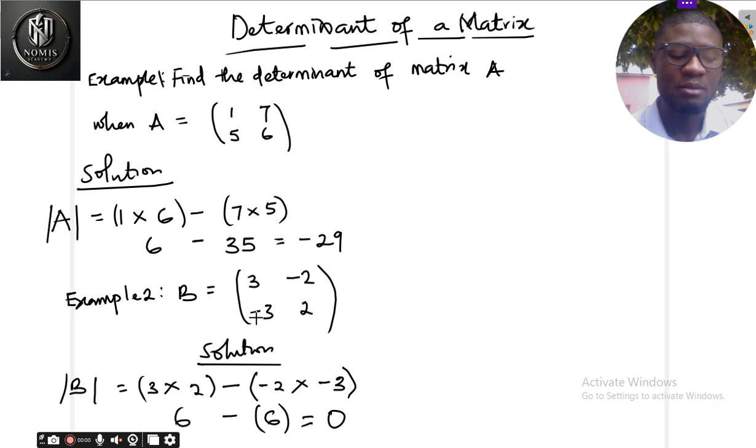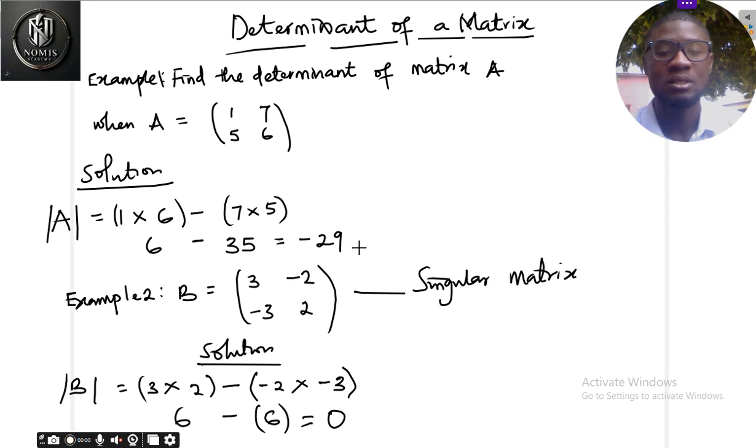Now, any matrix whose determinant is 0 is called a singular matrix. So this matrix is called singular matrix. So what about the first one we did, whose determinant is not 0?